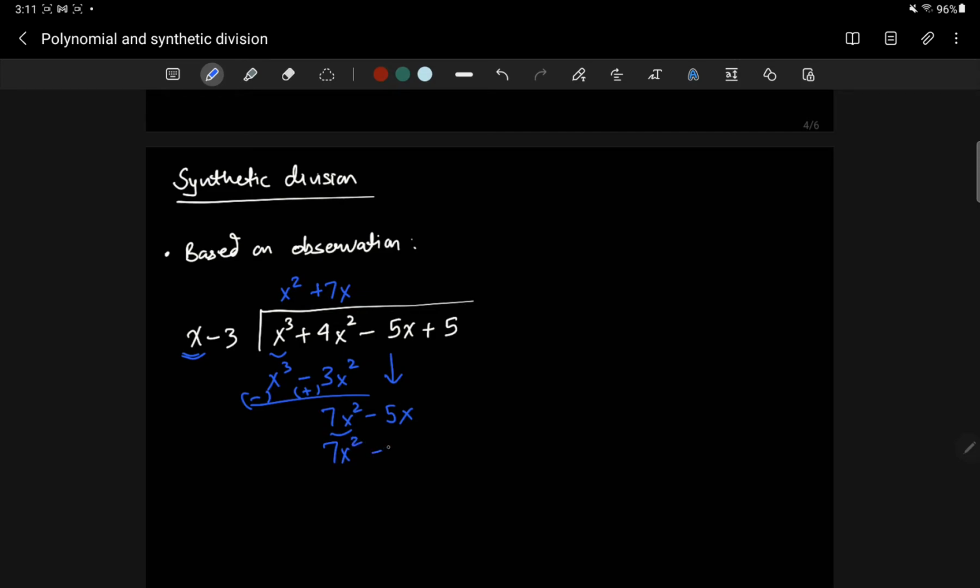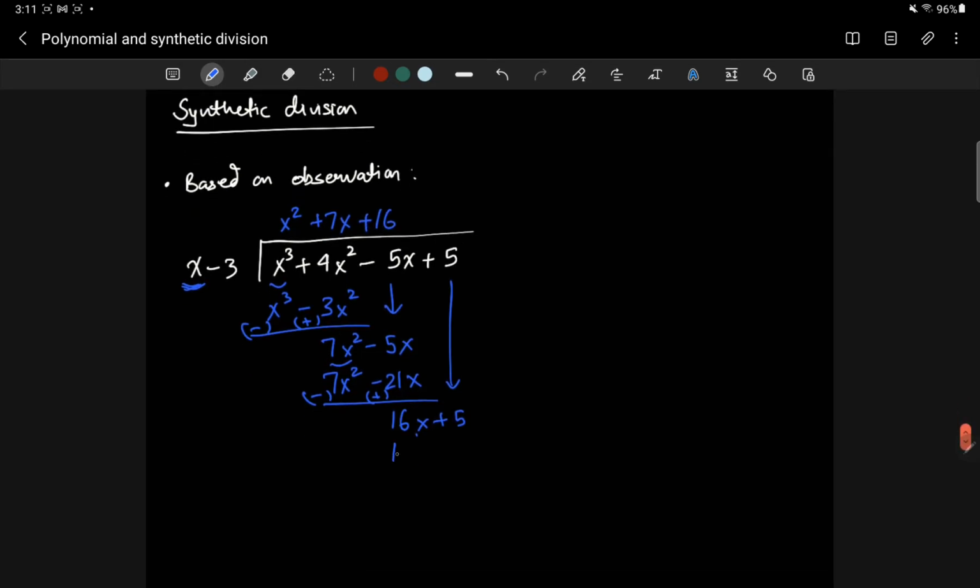I get a 7x squared minus 21x, which I subtract, but negative 5 plus 21 gives me a 16x. And then I bring down the last term, and the final comparison becomes 16x minus 48, which when we subtract is going to be 53, which is the remainder.